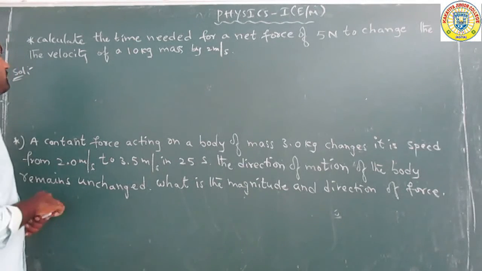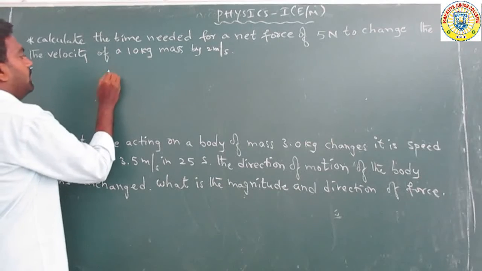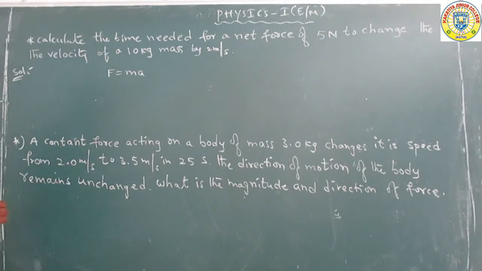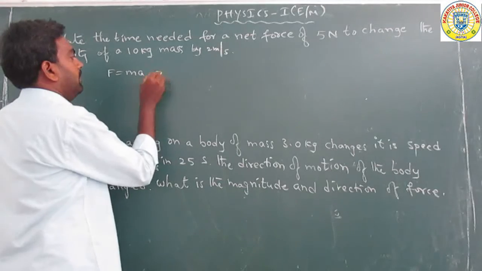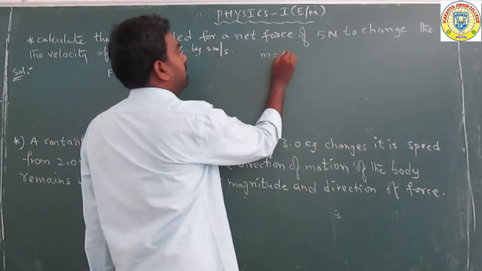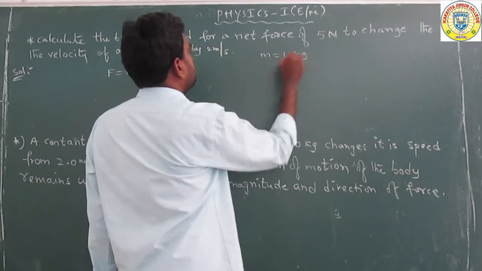By using the equation F = ma, where m is the mass of the given body, m = 10 kg.